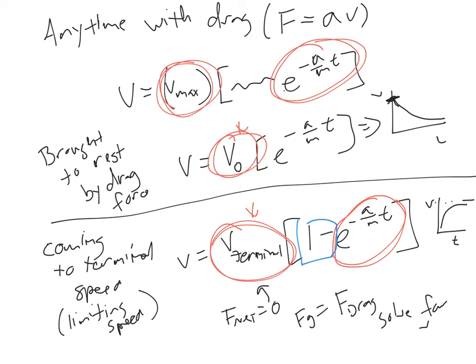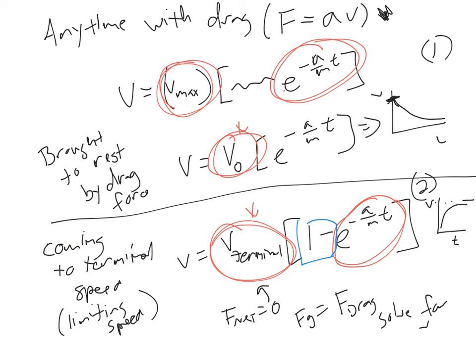Alright, so these are your two different scenarios. I can't think of another scenario, but these are the only two that I could think of that deal with the drag force that you might be expected to have to integrate. But again, you get most, if not all, the points without having to do any type of integral, just by knowing how to set it up, by splitting the variables, and by realizing what the equation is going to look like.